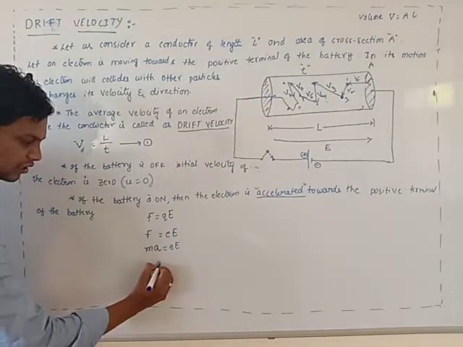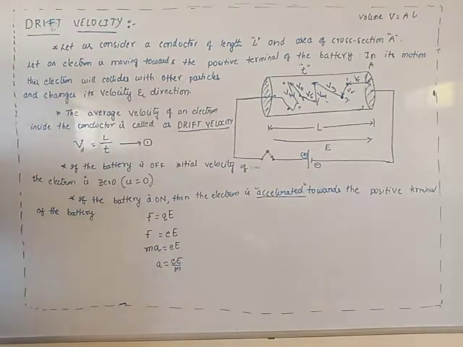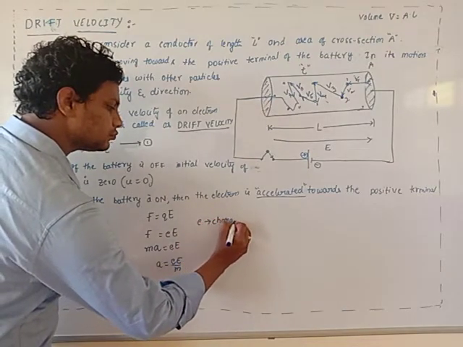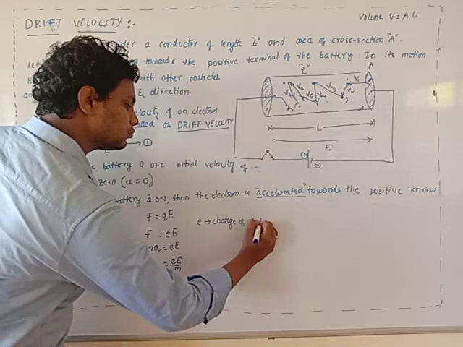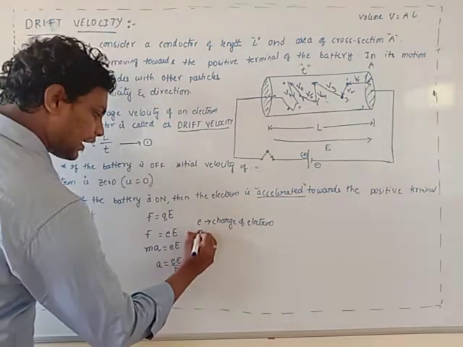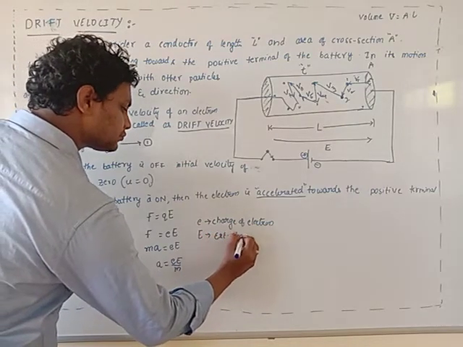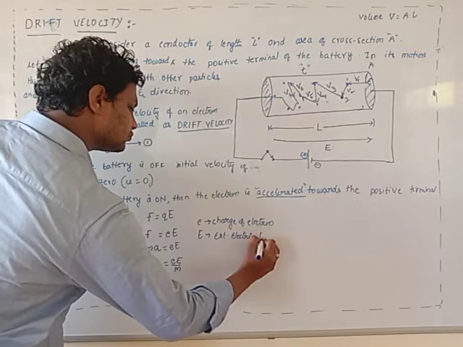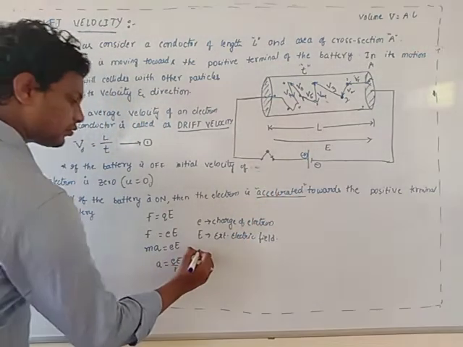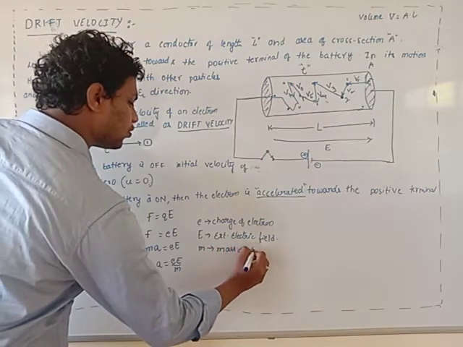Now acceleration a is equal to eE by m, where e is the charge of the electron, capital E is the external electric field, and m is the mass of the electron.